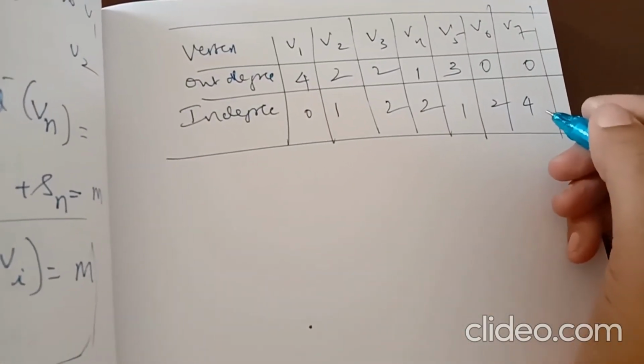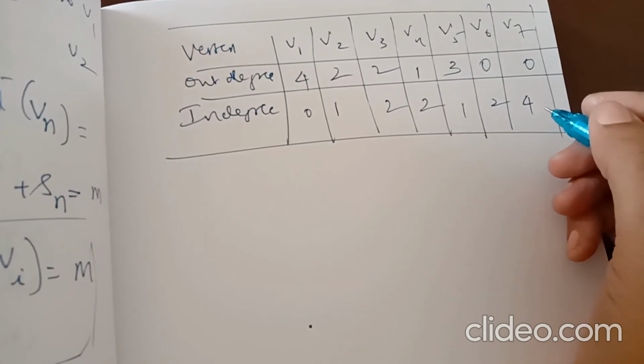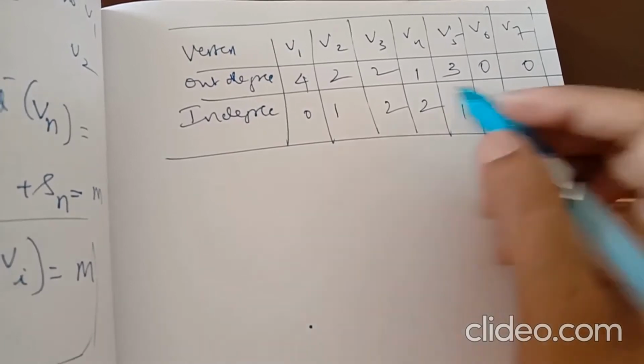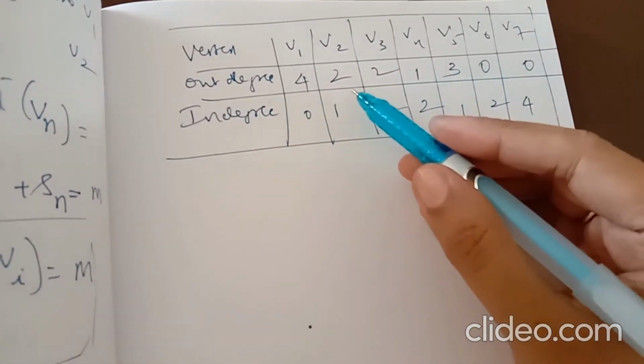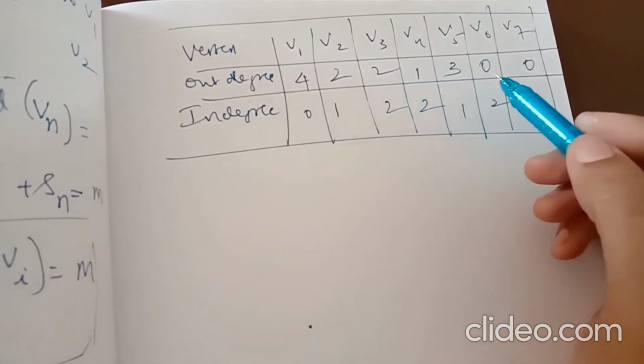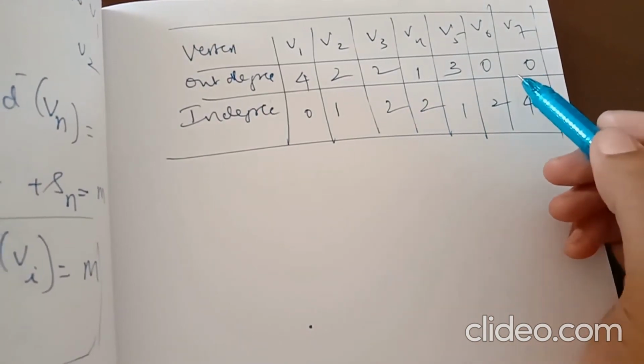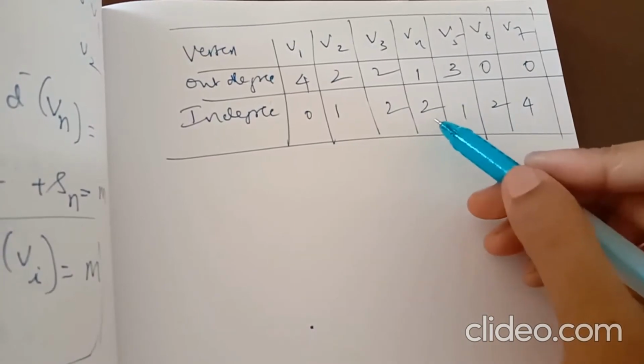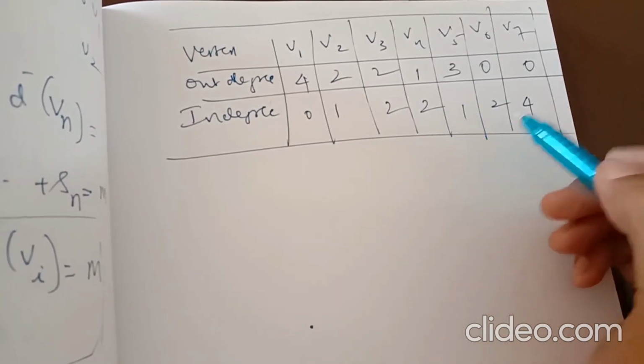So we have completed the out degree and in degree of the vertices, right? We can also tally the result. What is the sum of all these out degrees? 12, right? What is the sum of all these in degrees? 12, right?